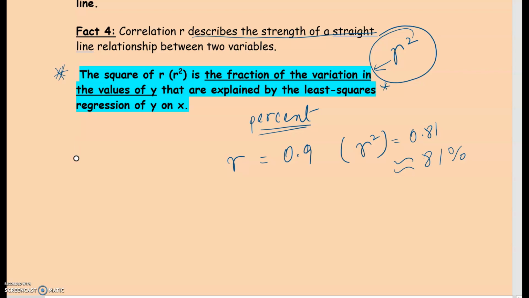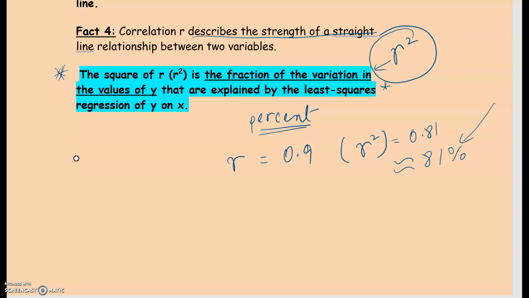So if the question says what percent of the variation in the values of y can be explained by the least square regression line, or the regression line, then all you have to do is take R, square it, change it to a percent, and say approximately 80% of the variation of the values of y can be explained by the regression line, either fraction or percent.